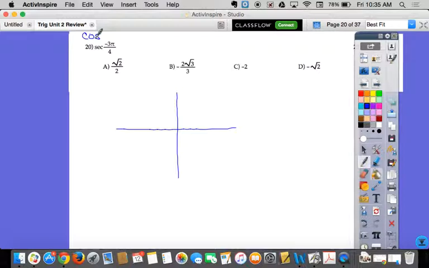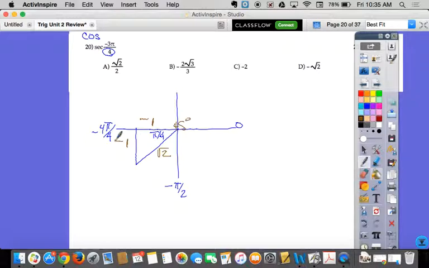So let's think. Negative 3 pi over 4. This is 0. This is a negative pi over 2. And this is a negative 4 pi over 4. And I'm using that because my denominator is 4. Well, he didn't quite get there because he's got a 3 pi over 4. So here we go. He missed it by pi over 4. Now, we've already talked about this. Pi over 4 is the same thing as 45 degrees. So we got a 1, we got a 1, square root of 2, left and down.